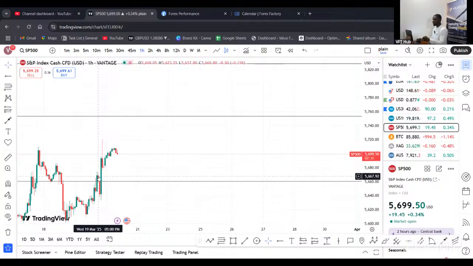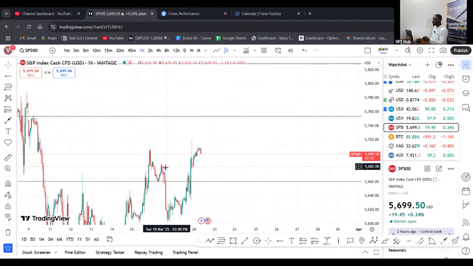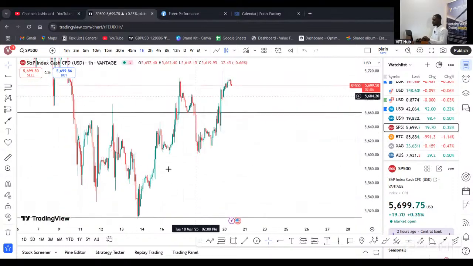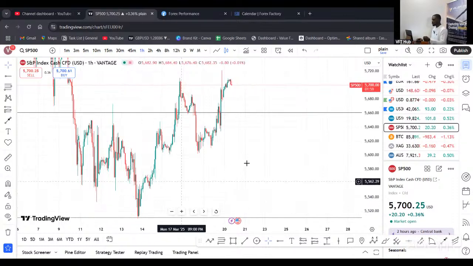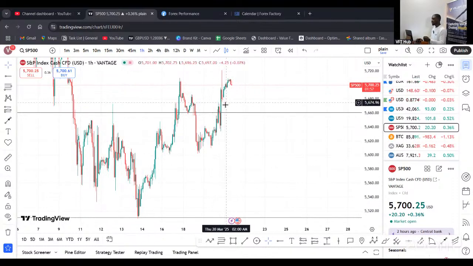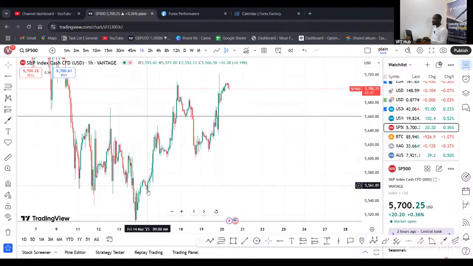Price is going to tap into this for it to start moving. But originally, where will I enter from? I want to enter from this zone. Catching it from the root is something that I am more inclined to do rather than trying to enter from anywhere random on the chart. But this is one possibility for those that still want to enter this trade. For me, I would have entered from here, and I'd love to see price come around here, then start holding the trade from this zone.